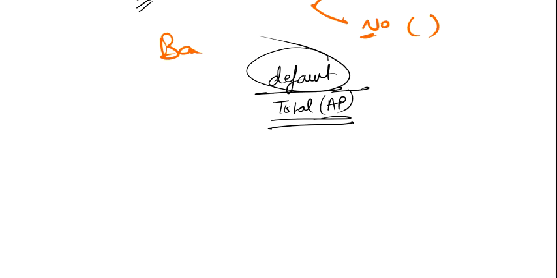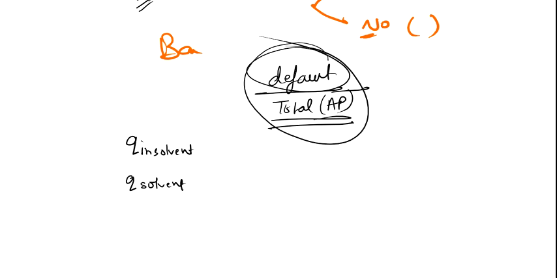So now we have two data: one is the probability of default, of insolvent, and the probability of solvent. From here we will get the probability of default, and from the no default by total population we will get the probability of solvent.